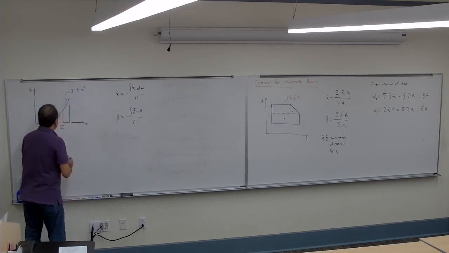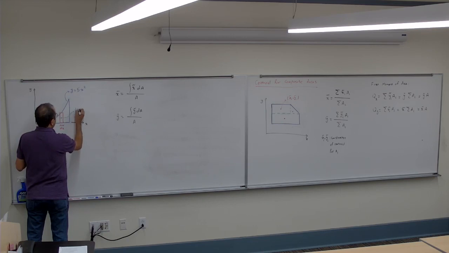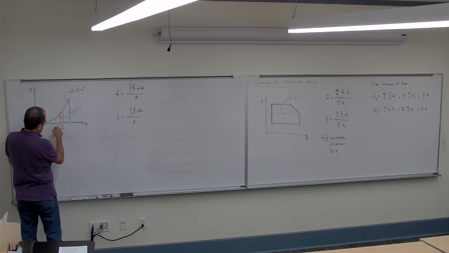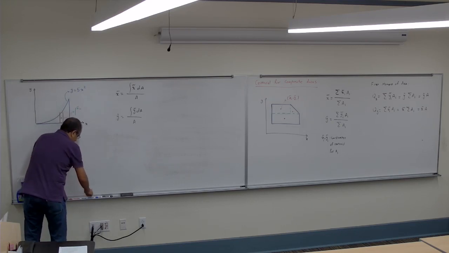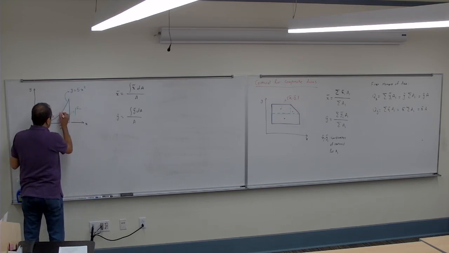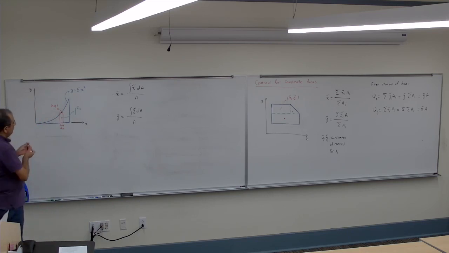So the first step, I want to find this. This is the coordinate for that. X tilde is going to be x, because it's going to be my x coordinate wherever it is. Remember that the coordinate of the point on the curve is x and y.